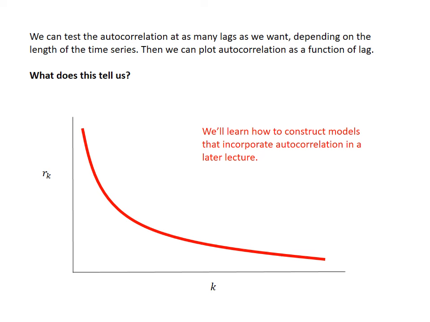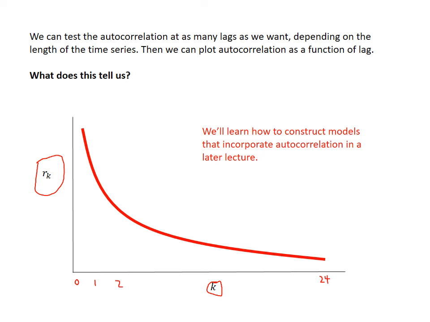So if we come up with this value of autocorrelation here, and this is the correlation given a k lag, right? So k is on the x-axis. And we have 0 here, and 1, and then maybe 2, and then maybe it goes all the way out to 24.